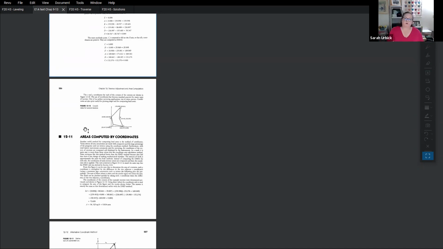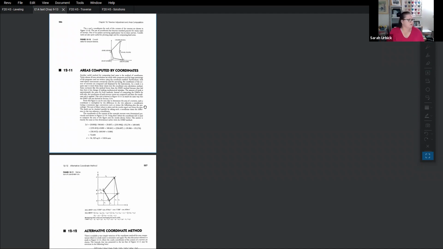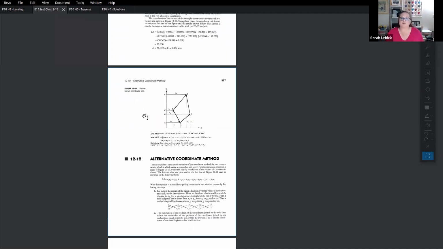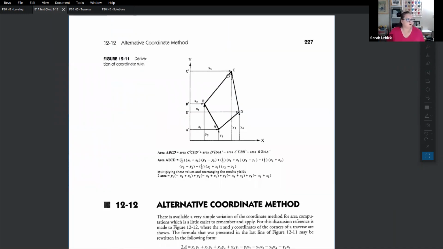And then areas computed by coordinates. This diagram really does make a lot of sense once you start thinking about it and looking at it. We're just taking the areas and breaking them into more manageable pieces.